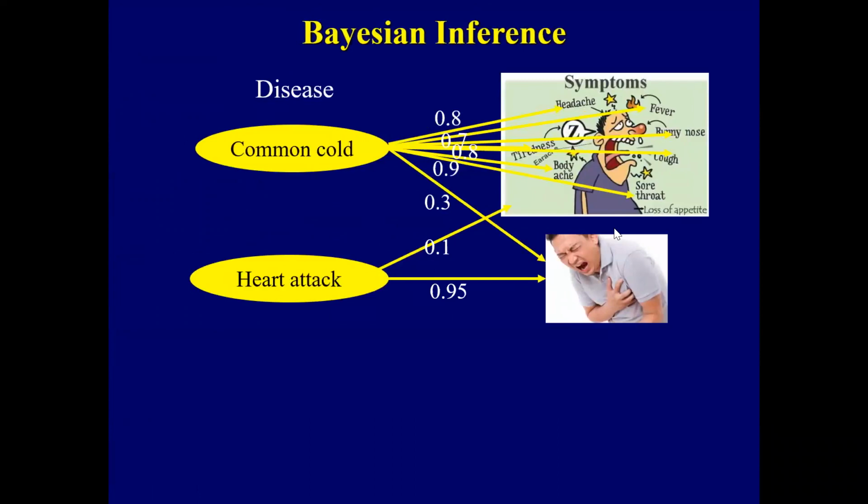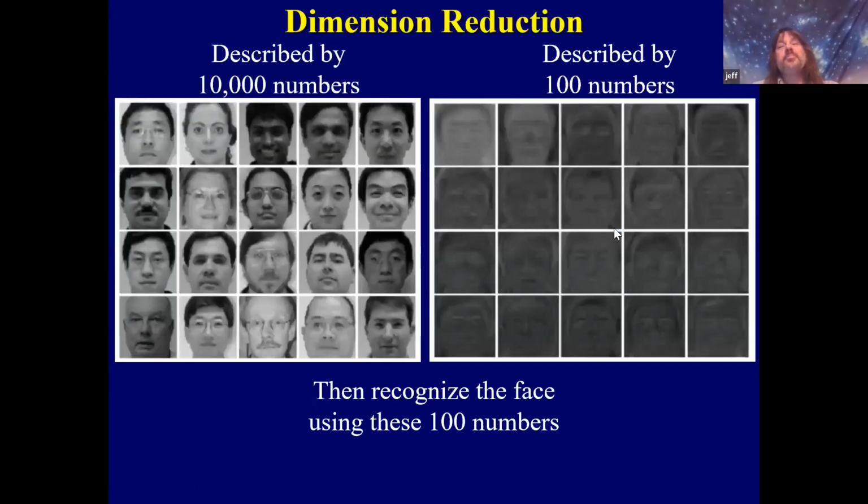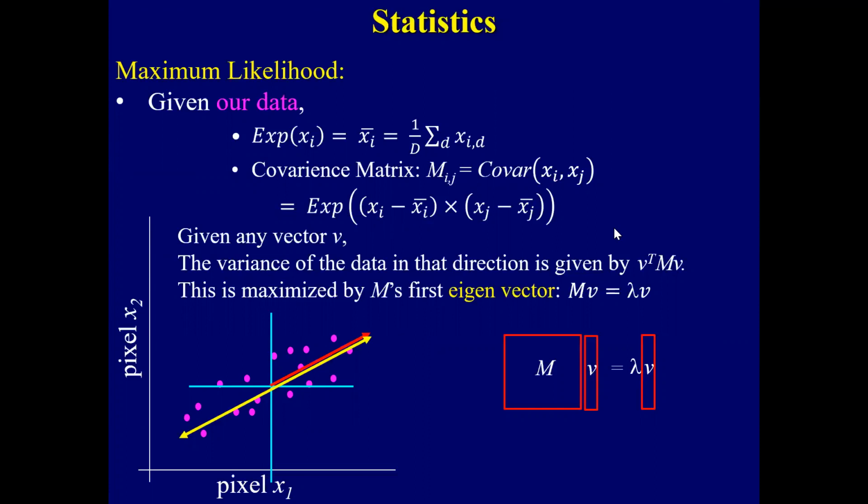Jeff, can I ask you to step back a second? Yes, please. Going back to a couple more slides. Right here, in pixel x1 and pixel x2: are those pixels in the same image, or are they the same pixel in a slew of images?